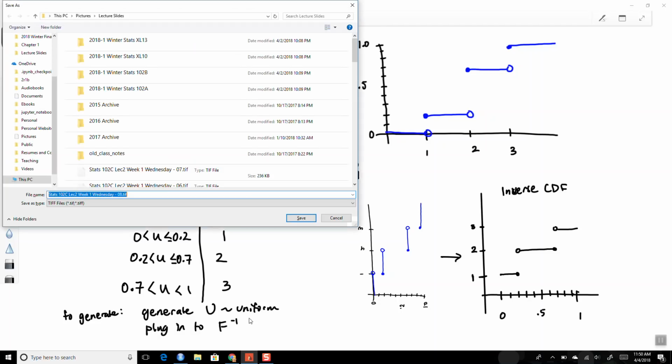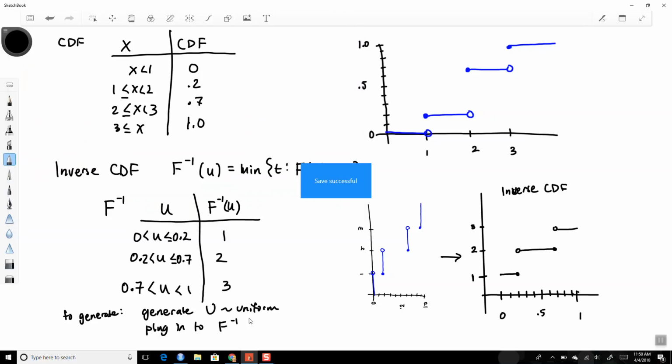If you do this, you will get values according to the discrete distribution defined here. You can see by looking at this that indeed 30% of values will be number 3, 50% of values will be number 2, and 20% of values will be number 1 if we're producing uniformly on the interval 0 to 1. So this is the inverse CDF method.